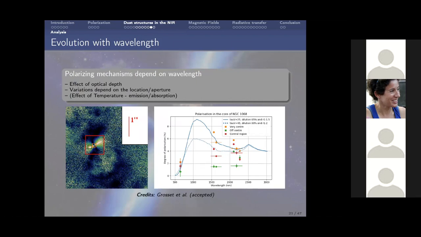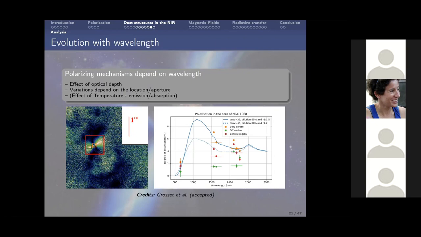So in order to test that assumption, I just changed a little bit the modeling I was doing before. So you can see the two blue curves on the graph are coming from the simulation. So this is done with way smaller optical depths than I was working on before.